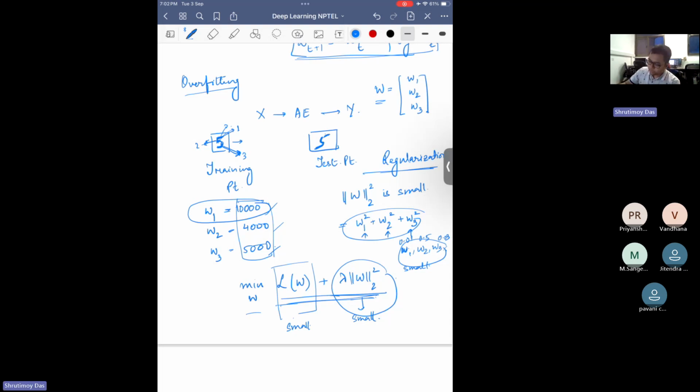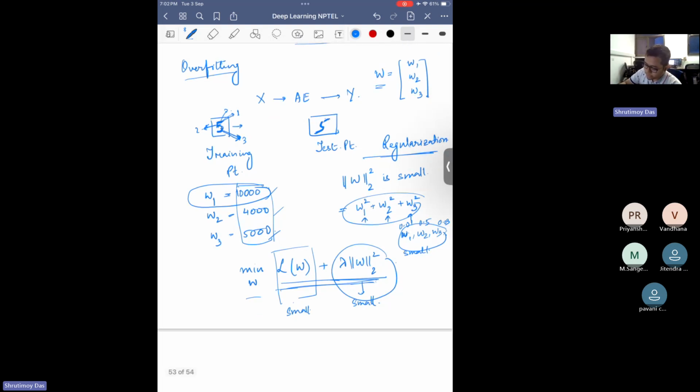So regularization helps by preventing the neural network from memorizing these things. So if I give large weight, it means that the neural network is saying that this is the most important feature. I will not look at anything else. I'll only look at this image. But that may not be the case. We want that it should look at all different possible variations of features. So now the weights are small.